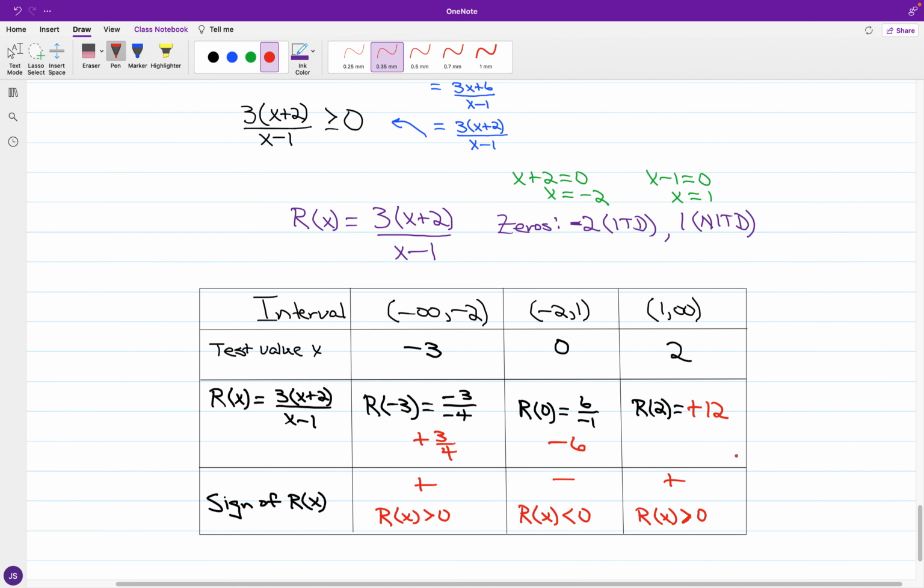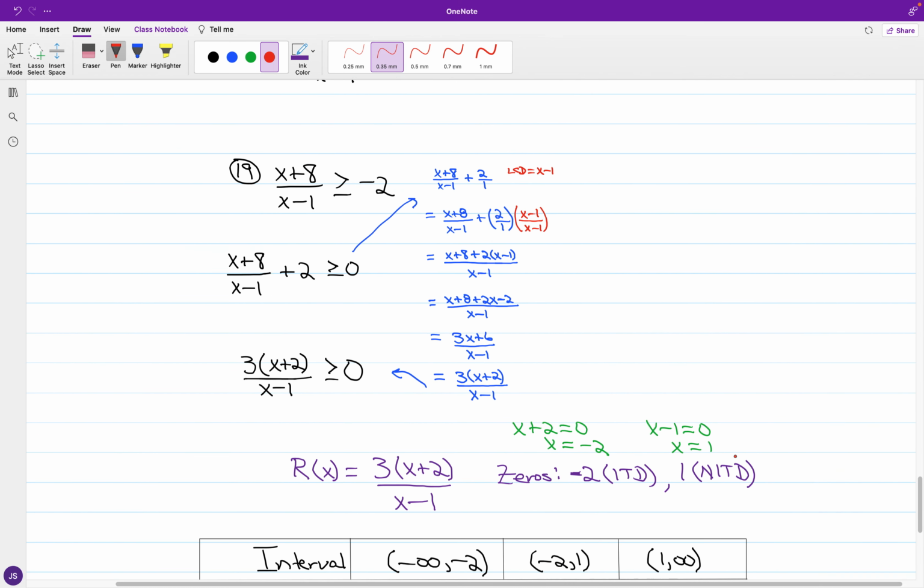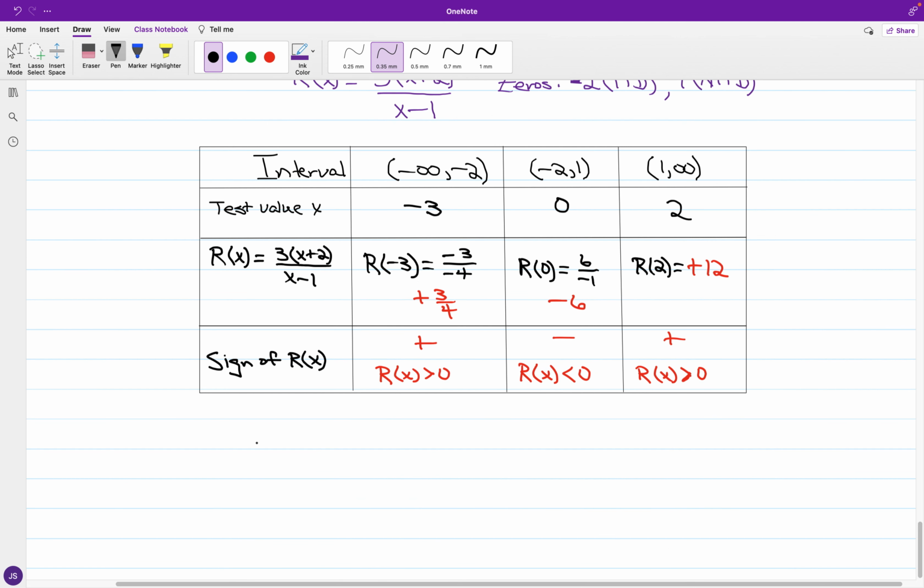Okay, so just going back to what we have with our original inequality. So you have x plus 8 over x minus 1 is greater than or equal to -2.